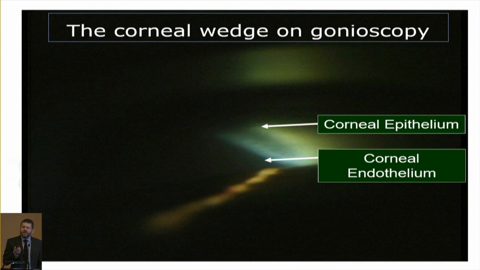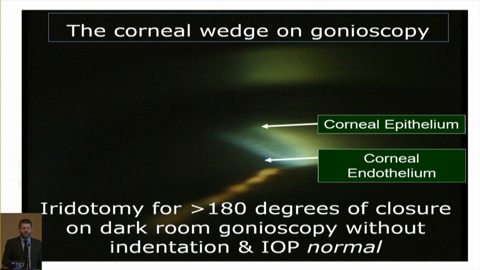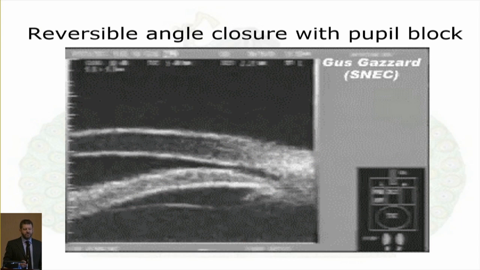We need to be able to diagnose those patients in whom we can't see structures beyond the corneal wedge, in whom, therefore, there is iridotrabecular contact. Previously, we have recommended iridotomy for those cases that had 180 degrees of closure on darkroom gonioscopy without indentation. For the moment, that remains the case for those patients who have normal pressures.